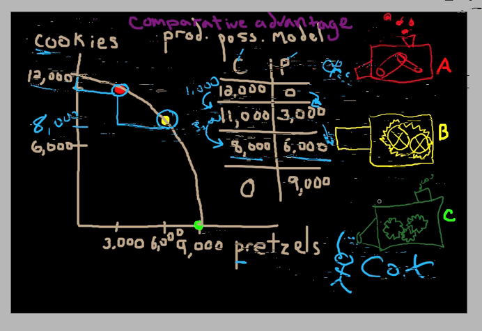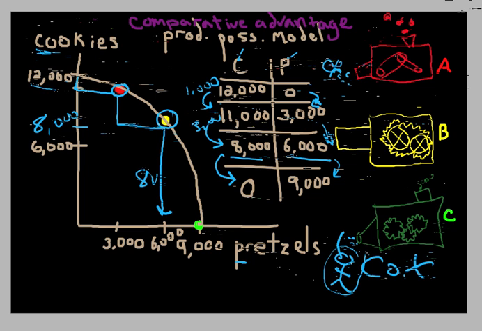How about machine C? Well, machine C is great for making cookies. It's really good for making cookies. So when you turn this off and turn it back on and make pretzels with it, you get your 3,000 pretzels. They're all equally good at making pretzels. It's just machine C has a really high opportunity cost. You lose 8,000 cookies. So this guy better be convinced that they really want pretzels before he turns machine C off, because look what they're going to lose. 8,000 cookies.